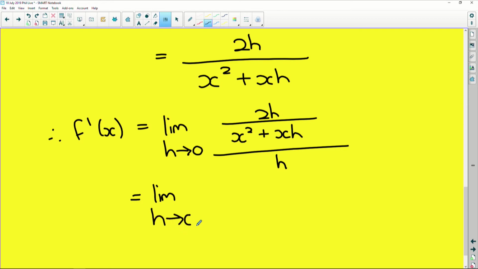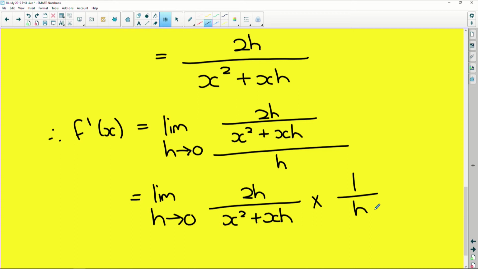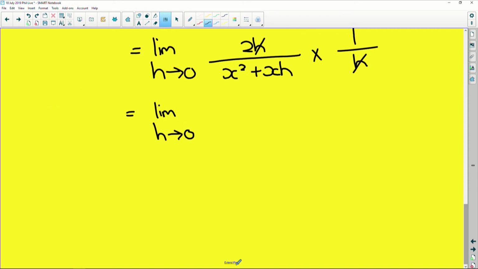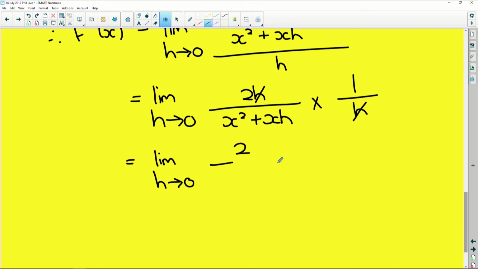For those of you who can't automatically see it, if you have a fraction over a fraction, it sometimes looks a little bit ugly. So to rewrite this as two fractions, we're going to have x squared plus xh as the denominator, and this is all multiplied by 1 over h. Okay, so if we look at this, we can cancel out the h's because they're going to divide into each other, which means we still have the limit, because we haven't taken it yet, as h tends to 0, of 2 over x squared plus xh.